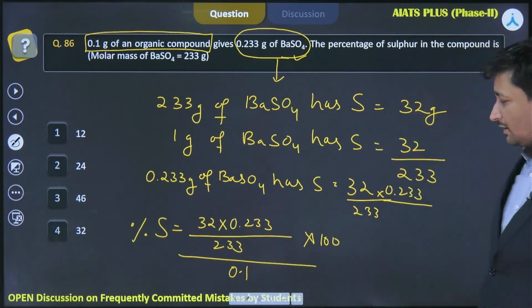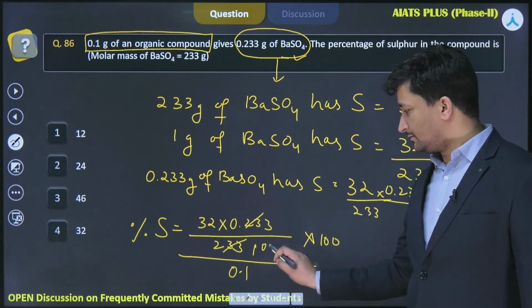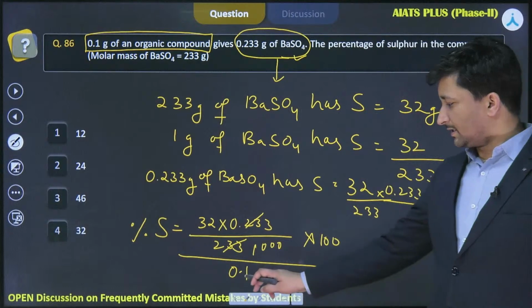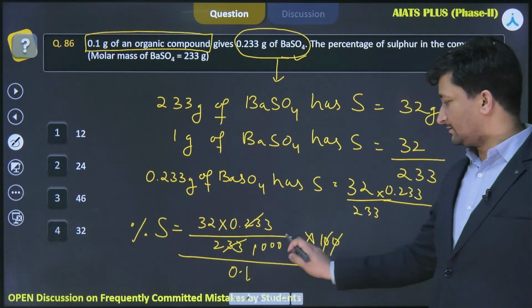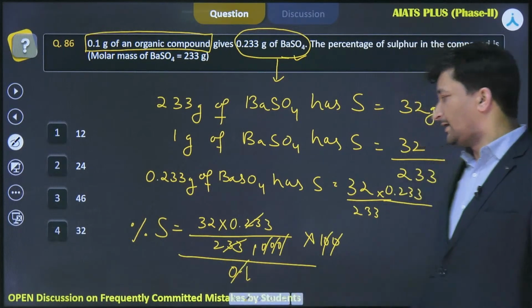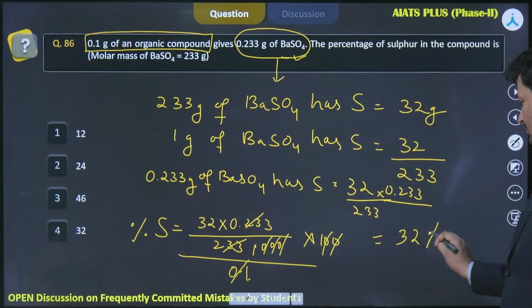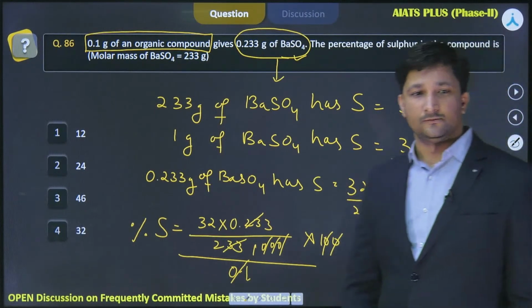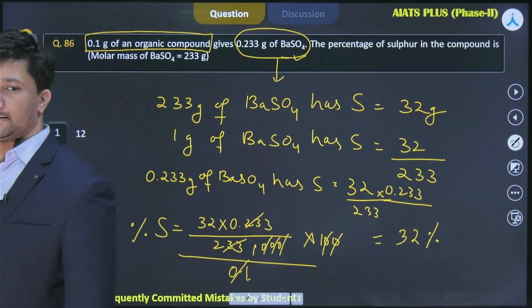On solving this, you will get 1000. This 1000 multiplies with 0.1 and becomes 100, and this all will cancel out, and the correct answer will be 32%. This is how you have to solve these questions, and option 4 will be the correct answer.